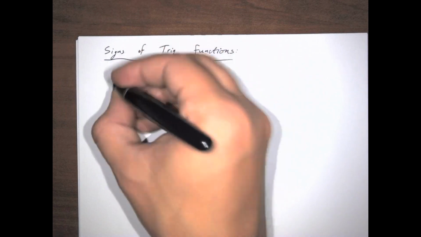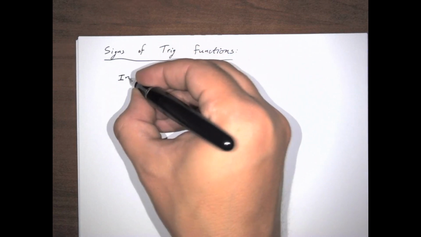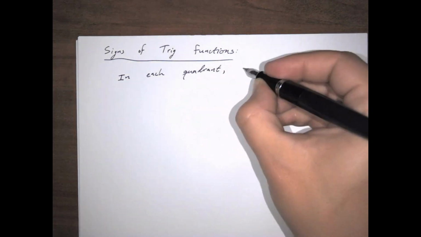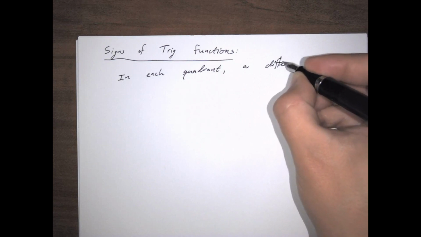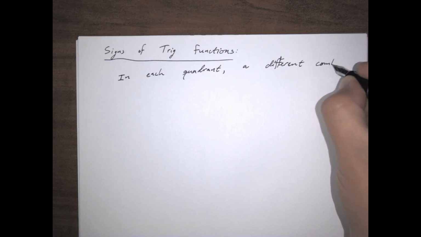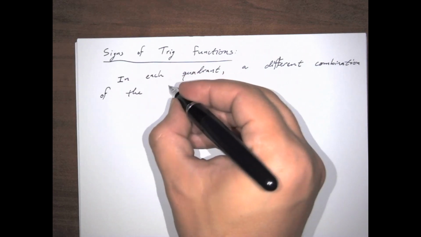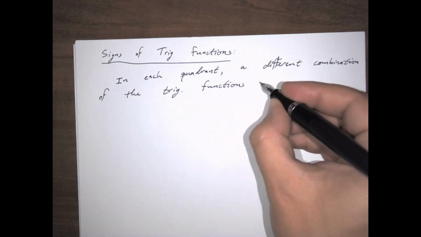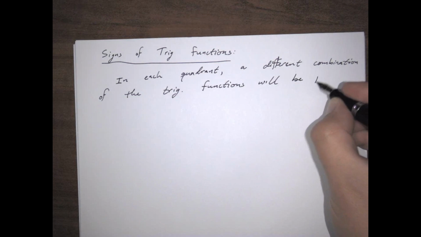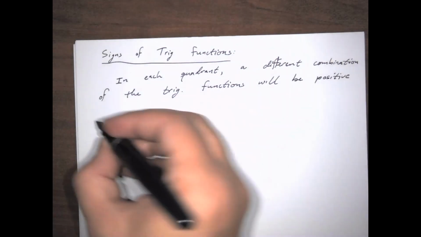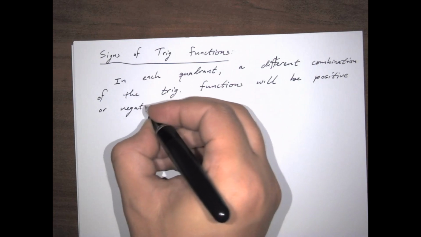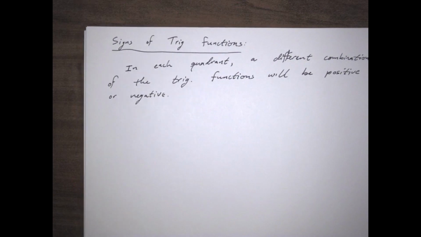So in each quadrant, a different combination of the trigonometric functions will be positive or negative. So let's think about this.